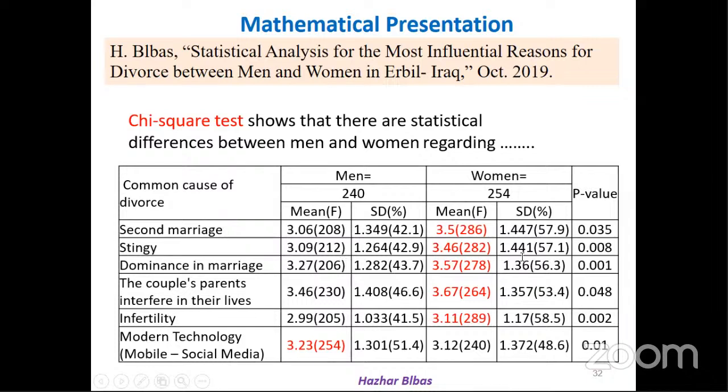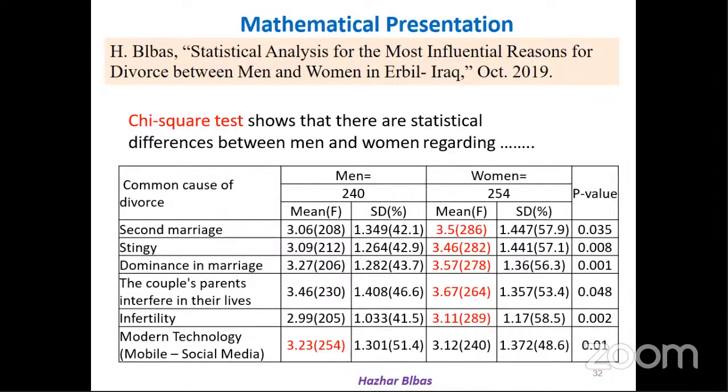It means most of the women decide these are common causes rather than men, except the men said modern technology is more of a cause than the women said, because the frequency for men is higher than the frequency for women in modern technology.